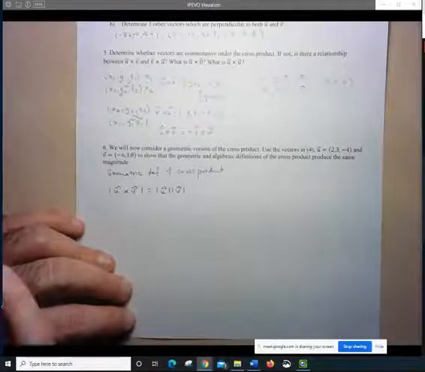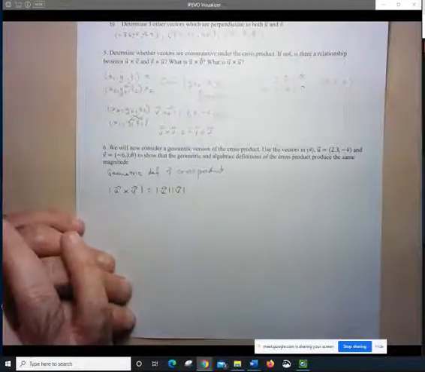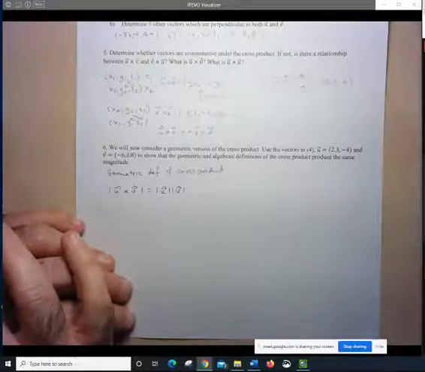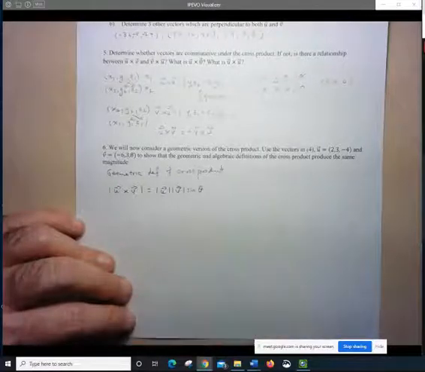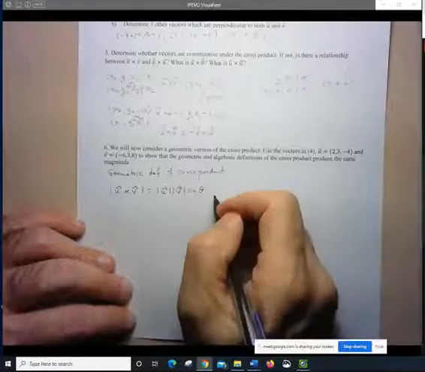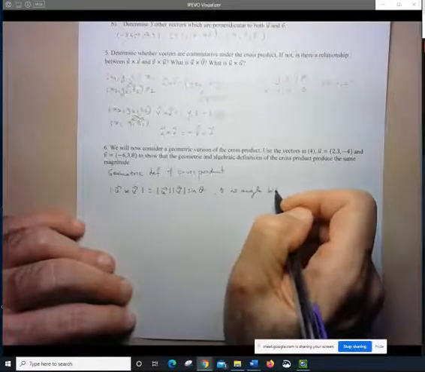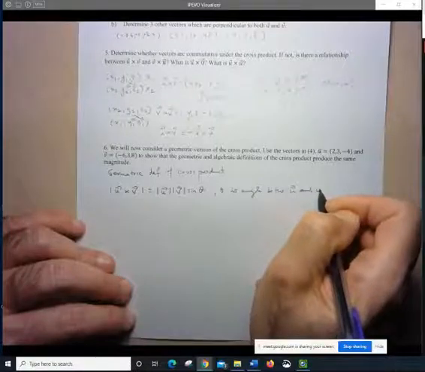So it'd be interesting if they were exactly the same magnitude, wouldn't it? Well, it might, but it's not. It's times the sine of the angle between them. So theta is the angle between u and v.